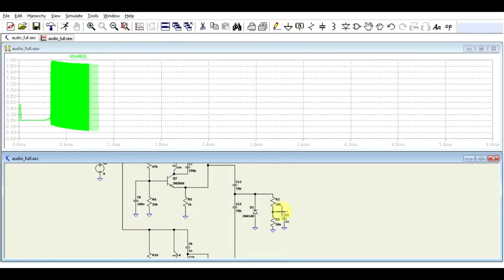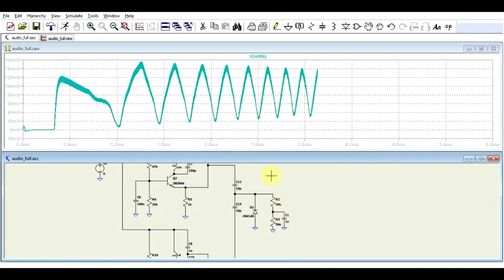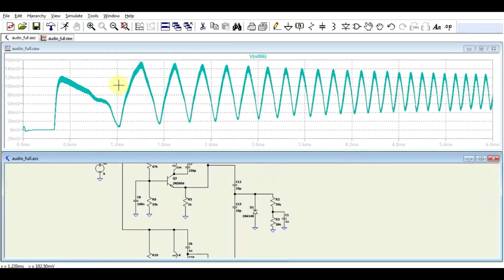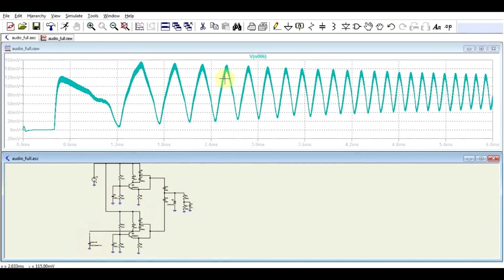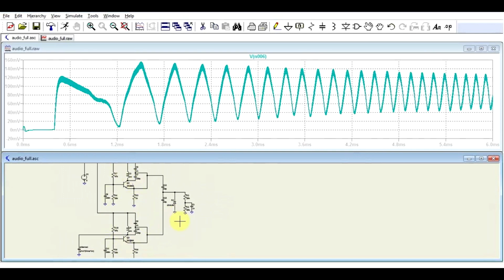And finally we have this cyan-ish color, which is the audio signal. And this on its own is in the audio spectrum. Now based on the capacity of the antenna, its frequency will vary, because the difference between the reference oscillator and the variable oscillator will vary. And these are the first two transistors and diode needed for this circuit.